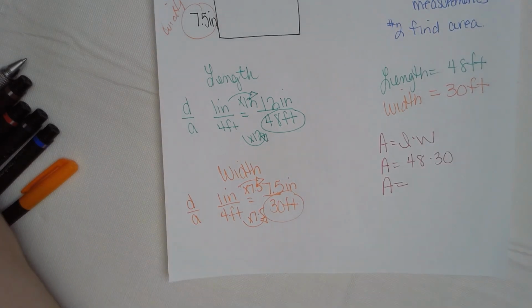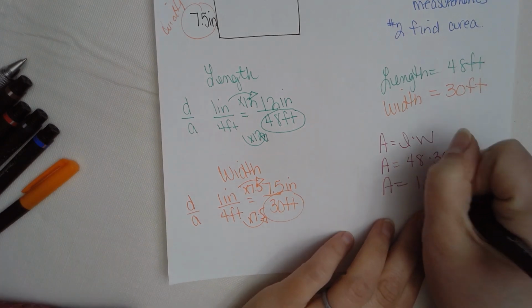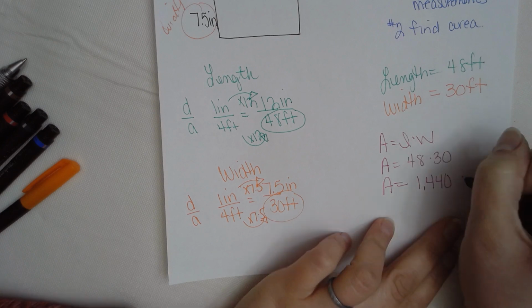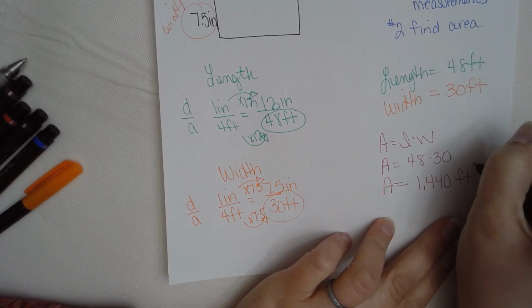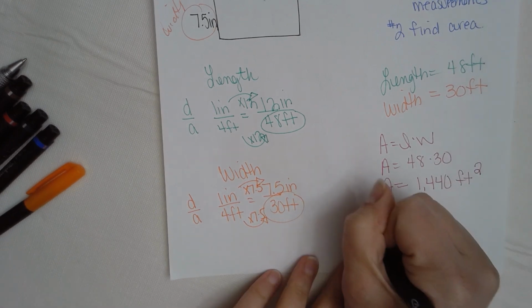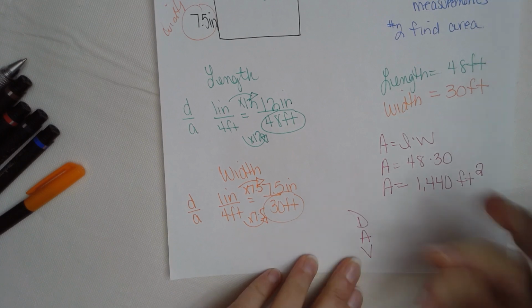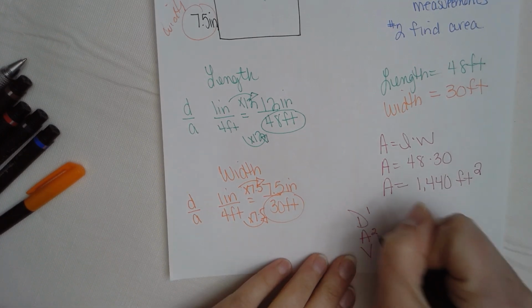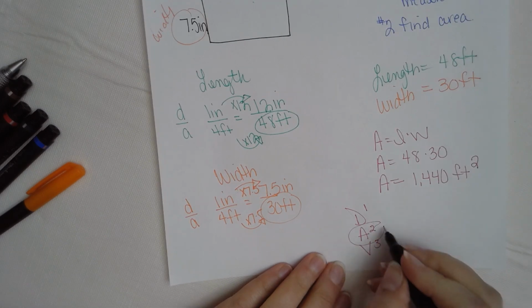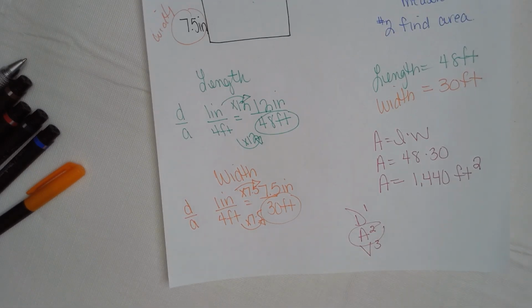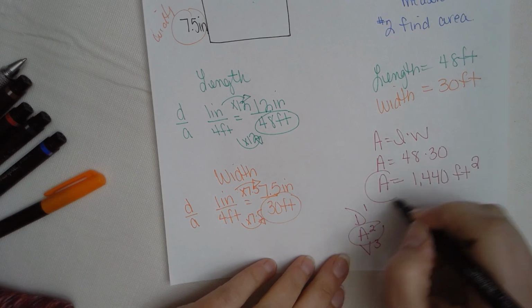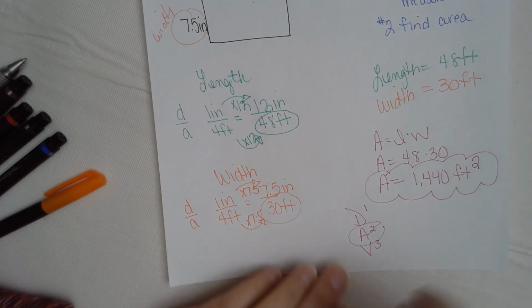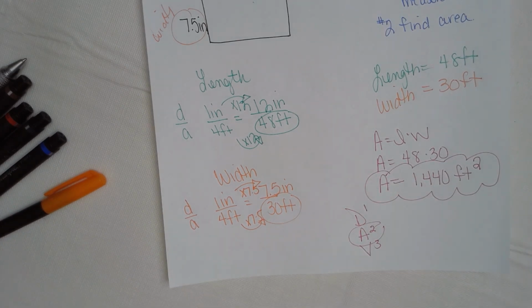Let's see what my calculator says. 30 times 48 is 1,440 feet squared. Remember DAV: distance, area, and volume. We're talking about area, so we are going to square it. So our final answer is going to be 1,440 feet squared.